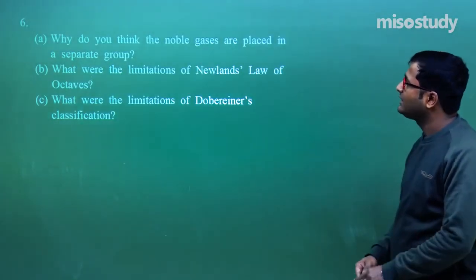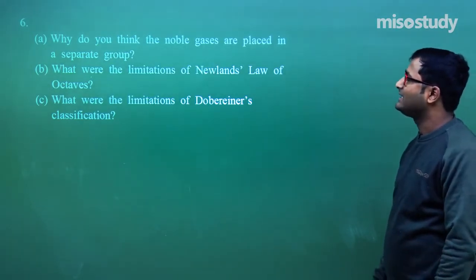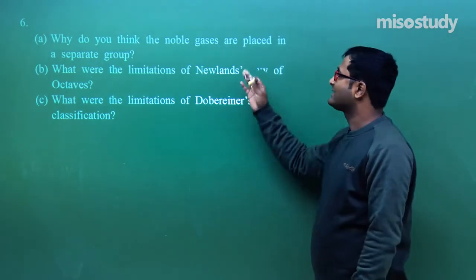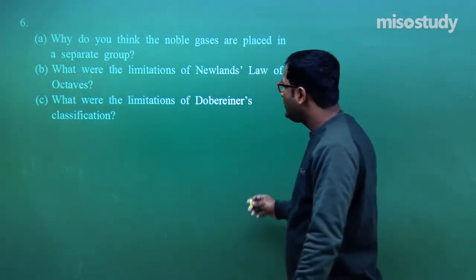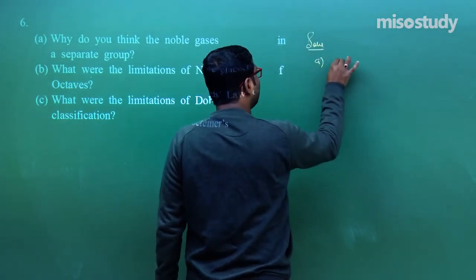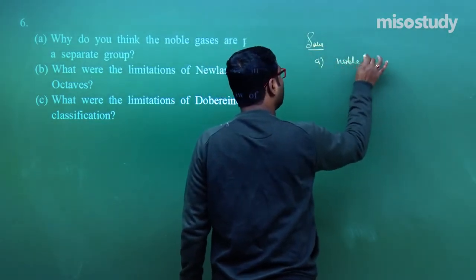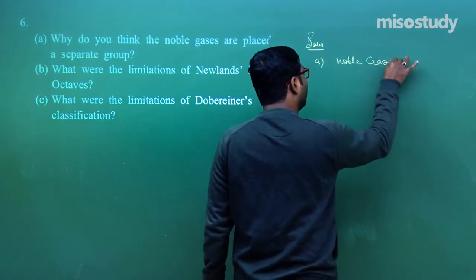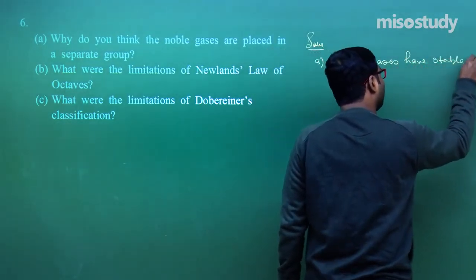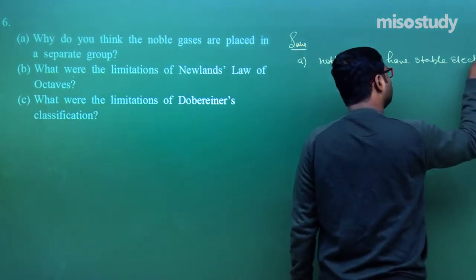What is given in question number 6? Why do you think the noble gases are placed in a separate group? That is a good question. We know noble gases have stable electronic configuration.